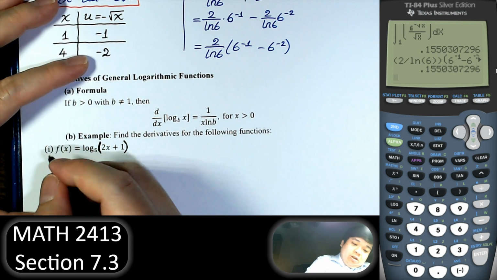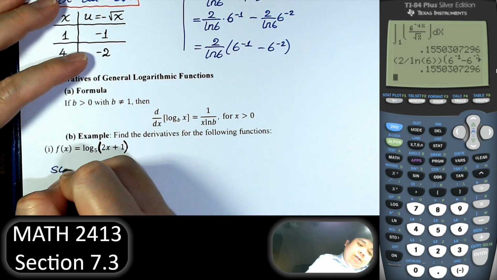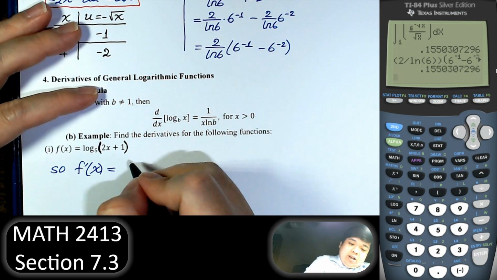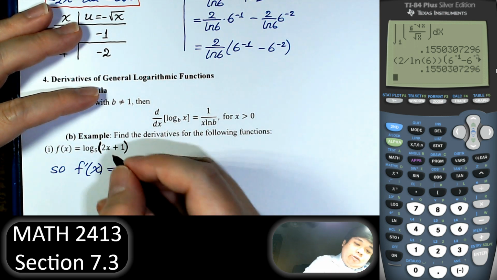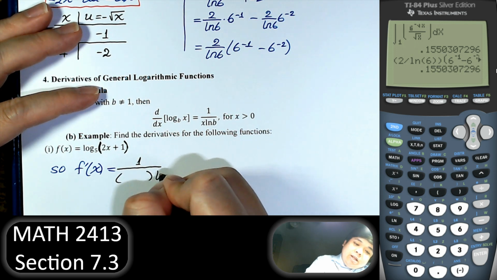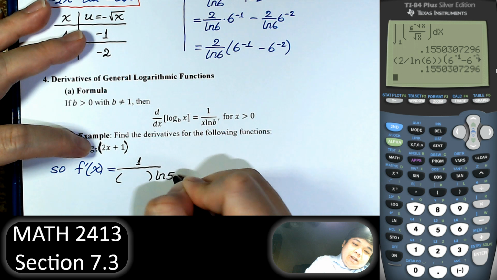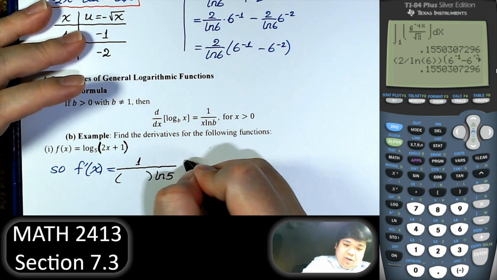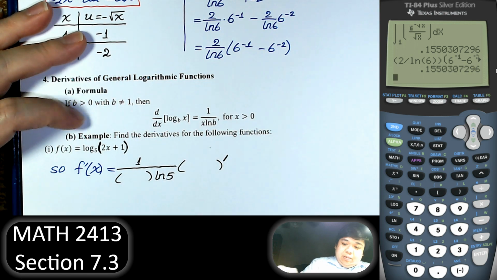Just use that formula. The derivative of the log is the reciprocal function times ln of the base, which is 5, and then the derivative of the parentheses.